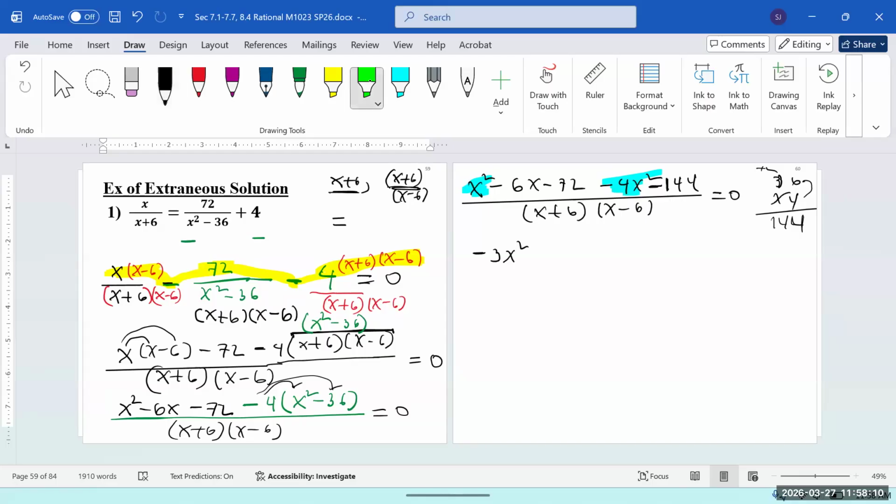And then do you have any other like terms? 72 and 144. What do you get from 72 and 144? You have the same sign. So if you add 72, you get 216.